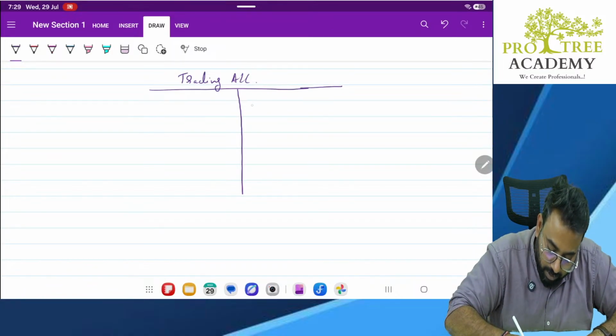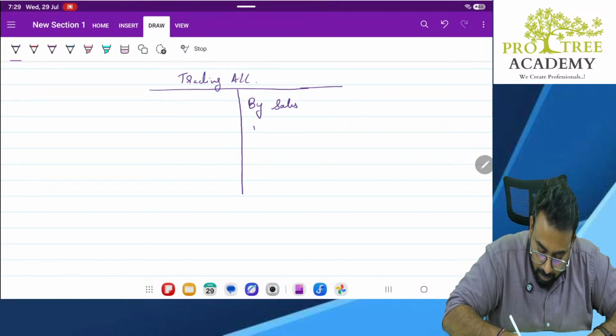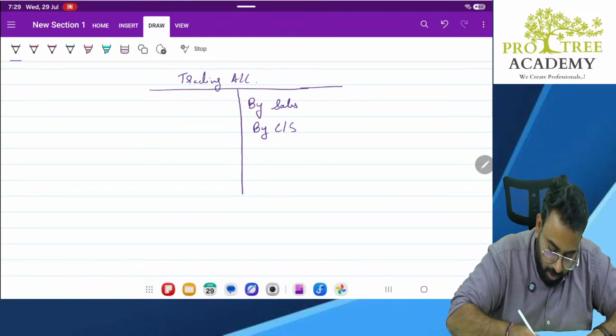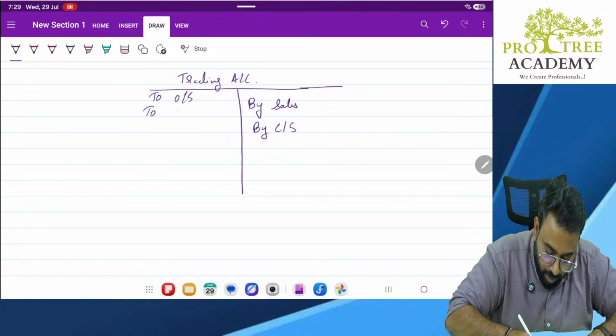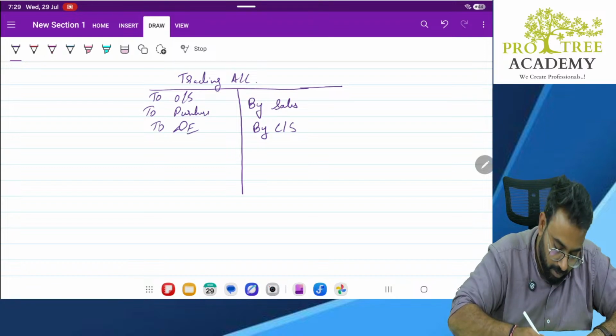Trading account. Correct, sir? Sales, closing stock, opening stock, purchases, direct expenses.